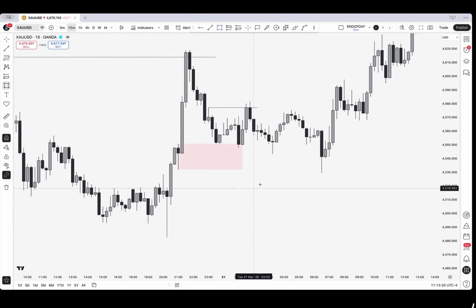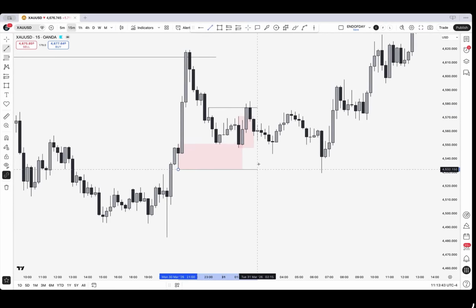Since we induce buyers after reacting off of that area, we know that buyers are trying to buy this market. So we want to wait for this liquidity to get cleared, because essentially we like to see this happen as an indication that early buyers are getting into the market, which validates us having a buildup here.